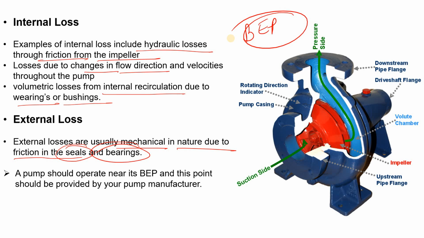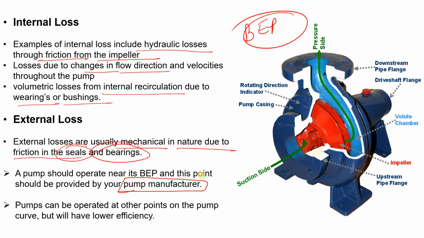When you check that technical offer, the pump manufacturer provides the pump curve, and in that pump curve the best efficiency point is mentioned, because pump manufacturers continually develop the design of the pump to achieve the maximum efficiency. So that's why the best efficiency point comes into the picture.